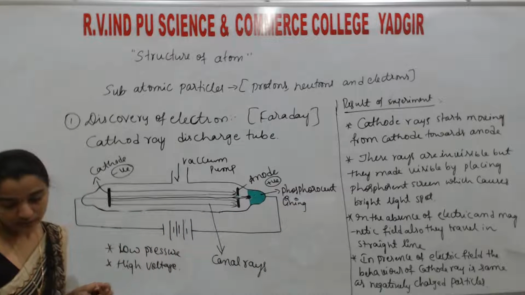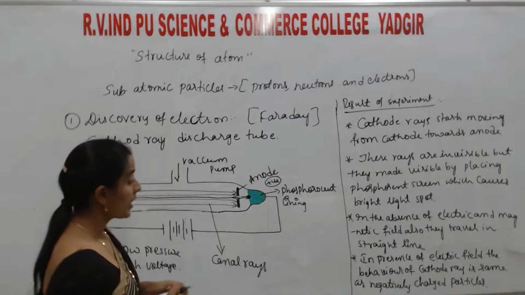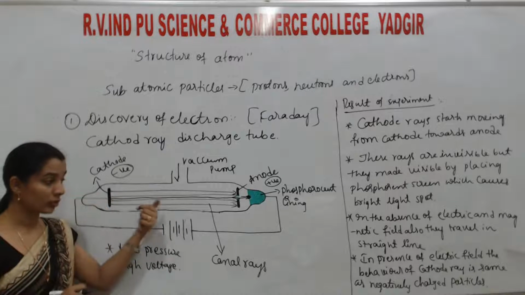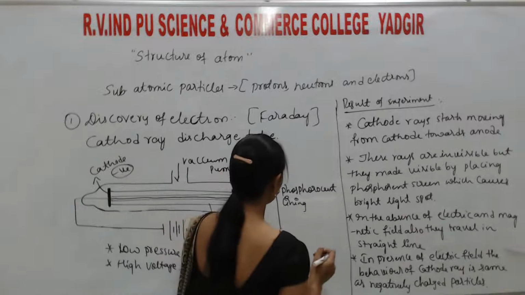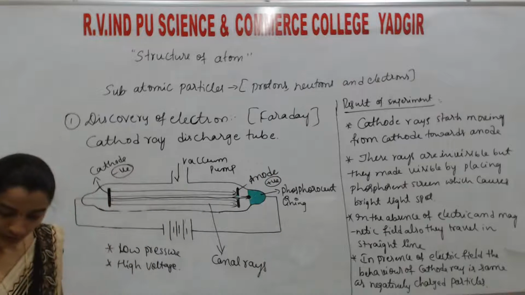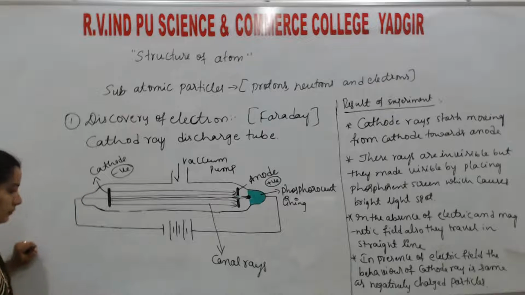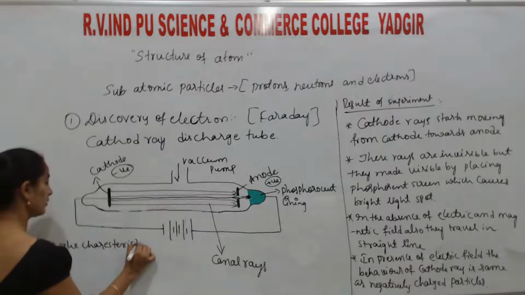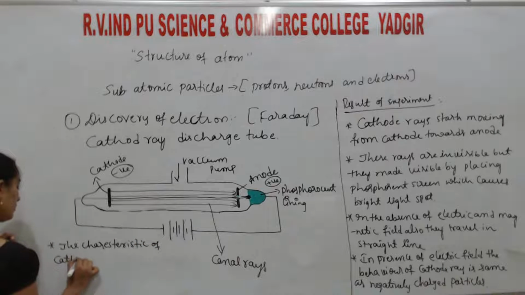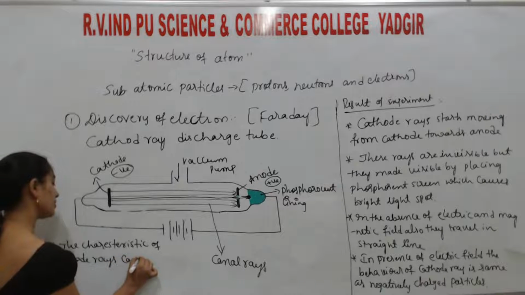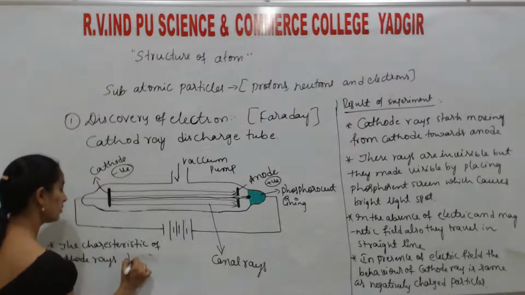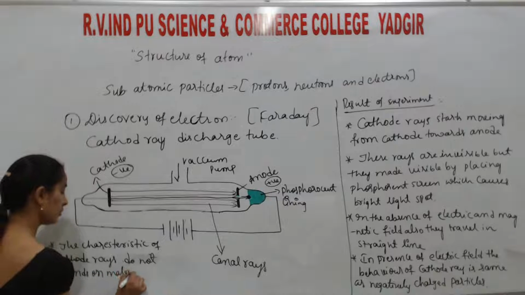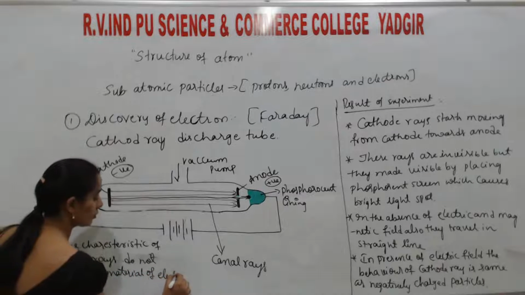Understood? And the last one is, the characteristics of cathode rays do not depend upon the material of the electrodes. Electrodes, not electrolytes. Just write here, last point: the characteristic of cathode rays do not depend on the material of electrode.